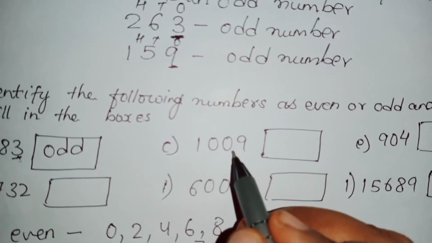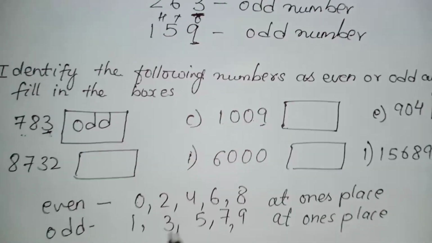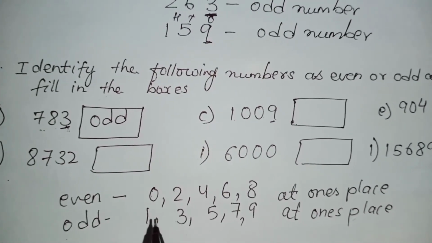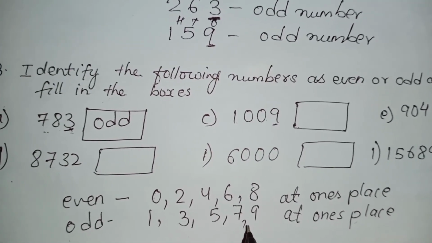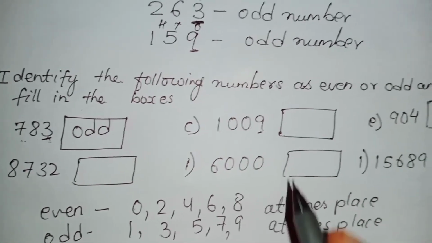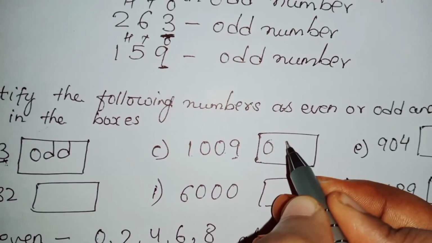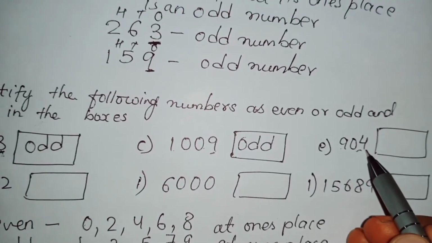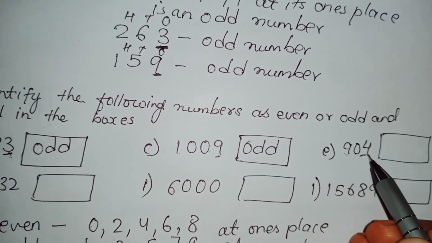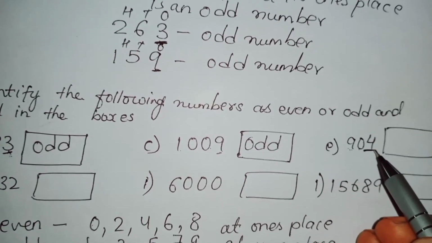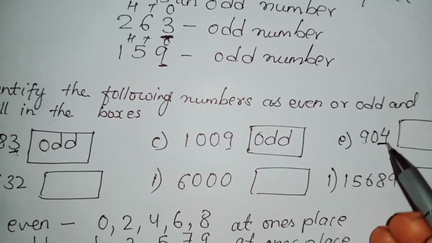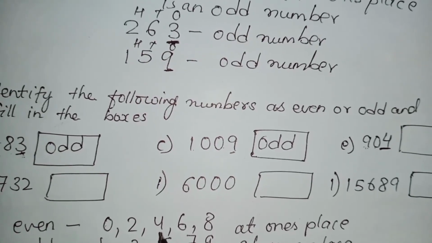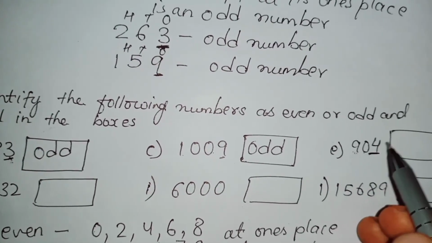Now again, ones, tens, hundreds, thousands. This is 1009. Is 9 in even? No. Is 9 in odd? Yes. So 9 is at ones place, and this is odd. And 9 doesn't come in the 2 table. Now in E, this one is ones, tens, hundreds, 904, and 4 is divisible by 2, no? 4 comes in the 2 table, and if we see 4 at ones place, that means this is an even number.